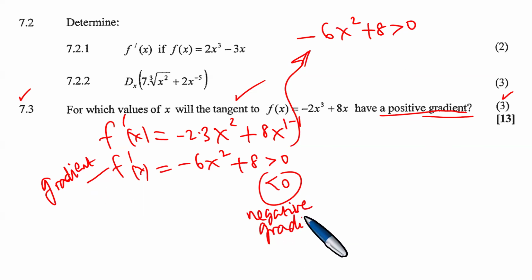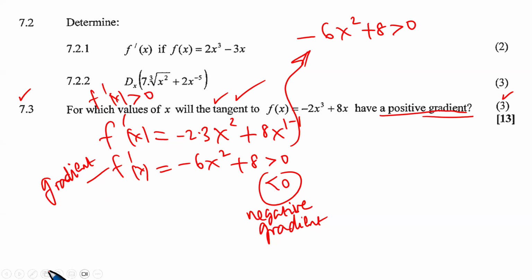Now dealing with the positive gradient, we make it greater than 0. Then what do we do? When they're asking, isn't it the first derivative, f prime x? Yes, because when they're asking if it's gonna be a positive gradient, you say f prime x is greater than 0.